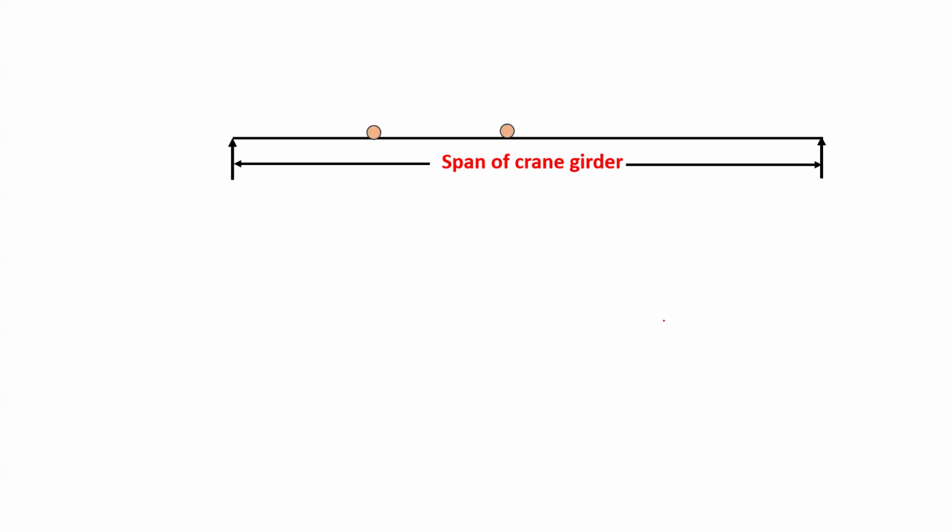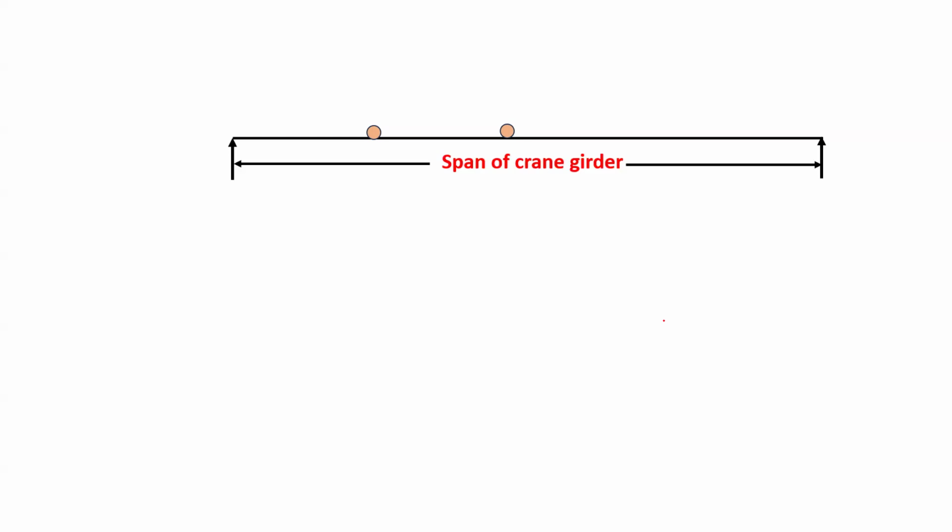Now we have these two wheels which are on the crane girder and which move in lateral direction. So these are the wheels of the crab which is going to lift your load, or which will lift the crane capacity load.